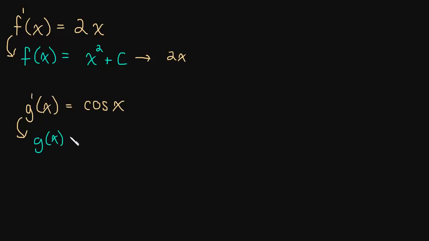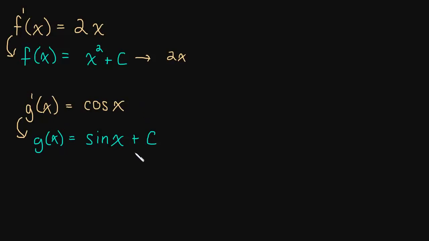Meaning, what's the function that we took the derivative of to get g prime of x? Well, this is just sine of x. When you take the derivative of sine, you get cosine, but we can't forget to add this plus c, because there could be any constant there, and when we take the derivative, that constant disappears. We just get cos x.